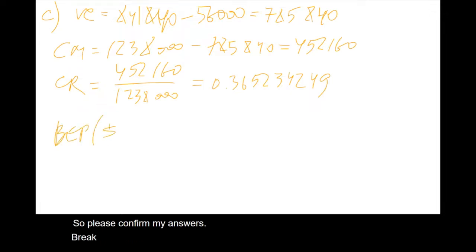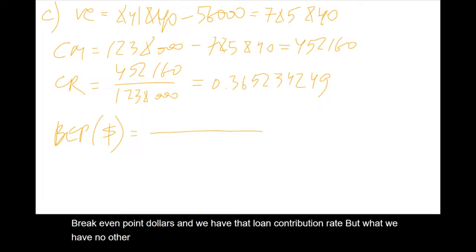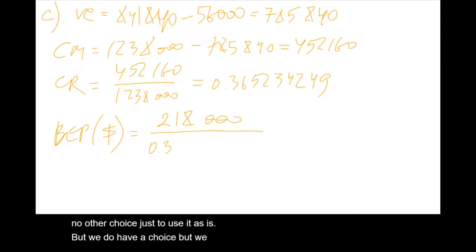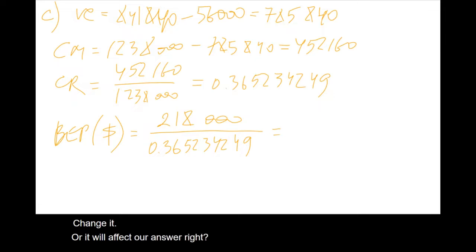Break-even point in dollars. And we have that long contribution rate, but we have no other choice, just to use it as is. Maybe using the other formula might be easier.